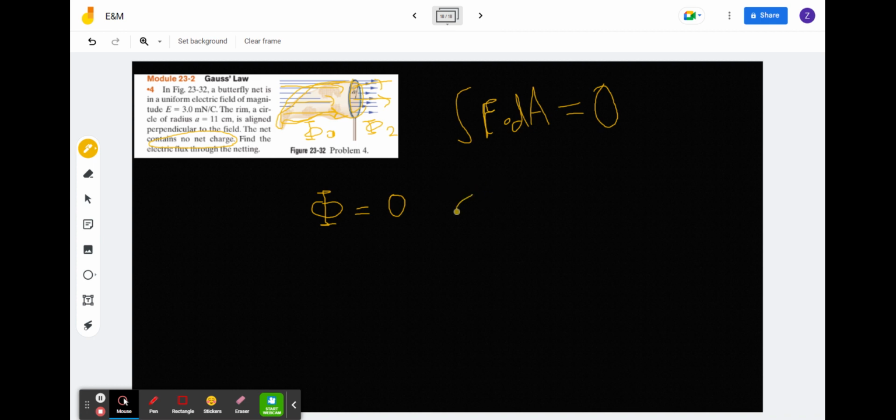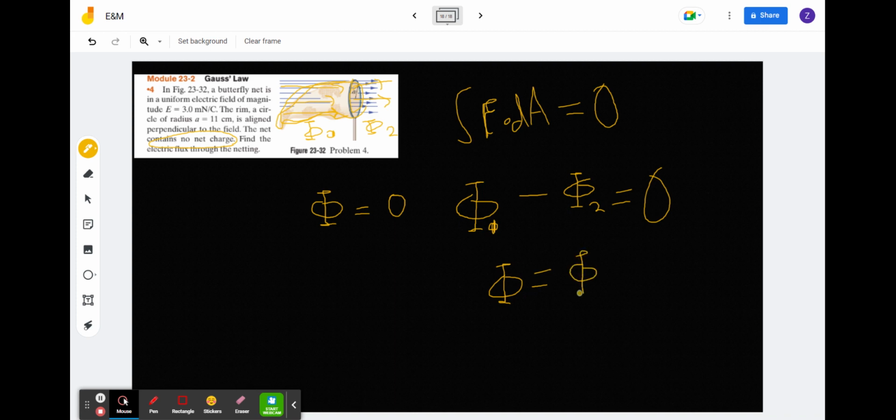What this means is that the flux entering the net minus the flux leaving through this disk should be 0. Therefore, the two fluxes are actually equal to each other.